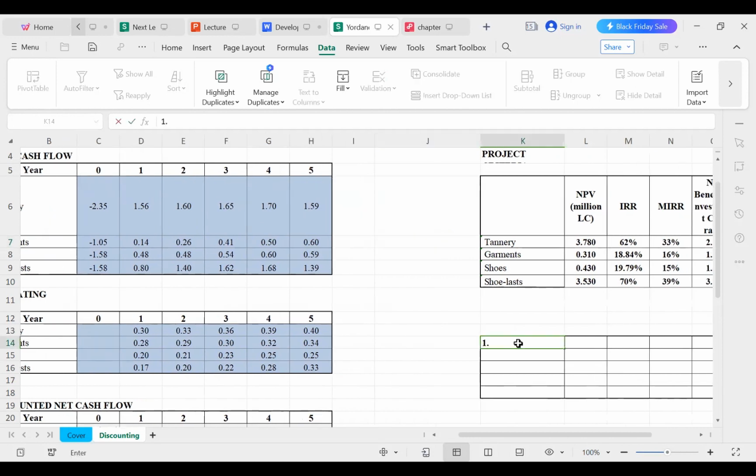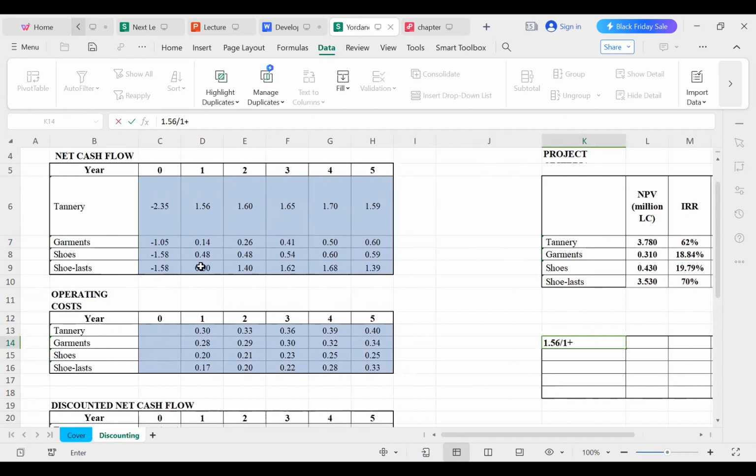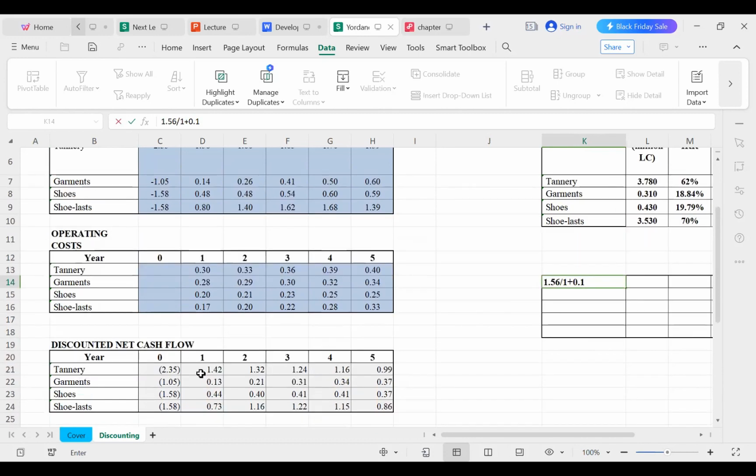We have 1.56, divided by 1 plus the discount rate, 10%, which means 0.1. If I'm making a mistake, guys, tell me. Then the power of 1, which gives the same number. If you have a calculator near you, calculate it, and it's going to give you 1.42.